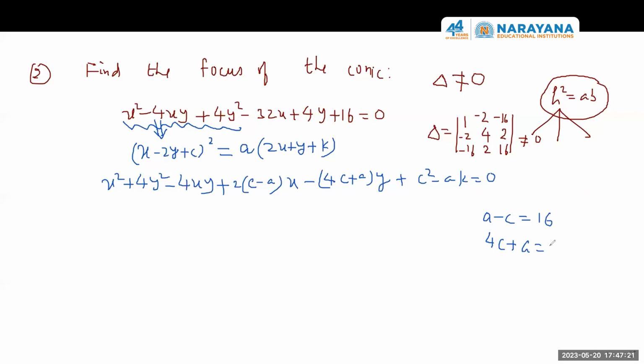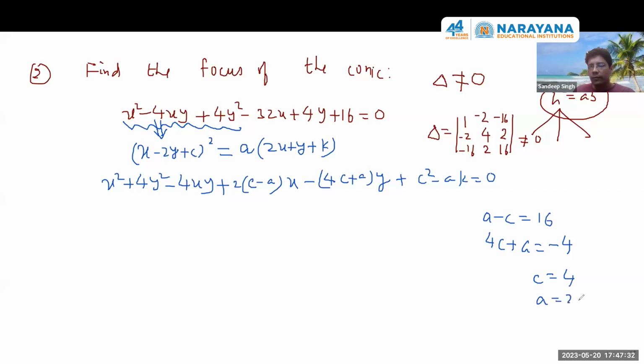Yes, minus 4. So if you add them, what will be the value? c equal to 4 and a equal to 20. Is it all right? Sorry, c equal to minus 4, and a is then not 20. A will be 12. Is it okay?